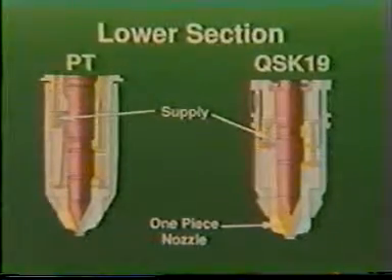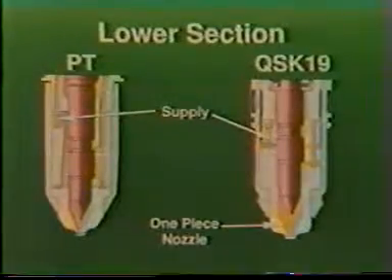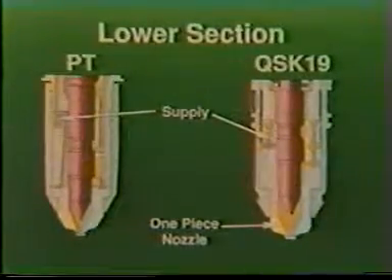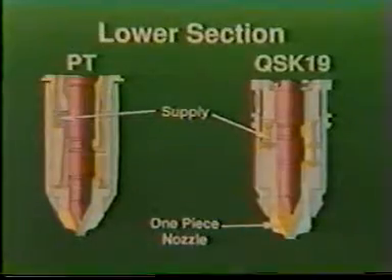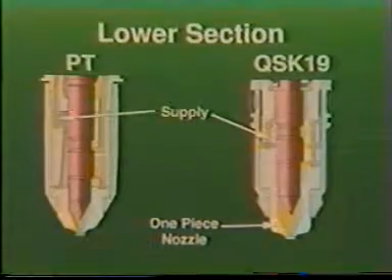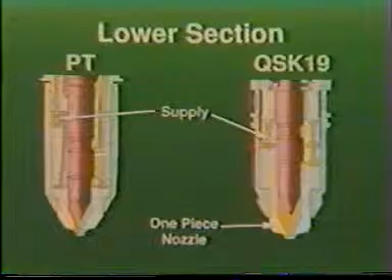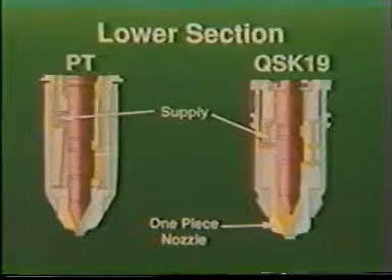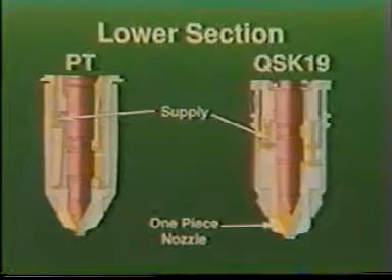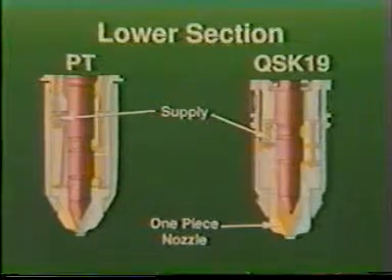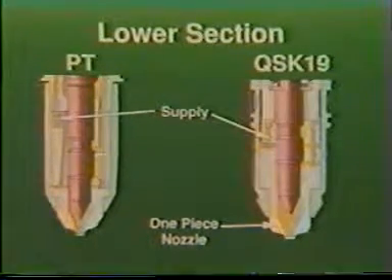The plunger and nozzle are shaped like the PT. The fuel supply, metering, drain, and check valves are also similar to the PT system. One important difference is that the lower barrel and nozzle are one piece. This design eliminates high-pressure joints.